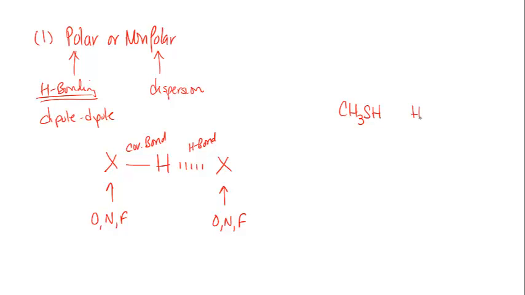So for instance, if you had something like CH3SH and water, and I asked, what's the strongest intermolecular force between them? You could have the hydrogen attached to the sulfur be attracted to the oxygen, which it actually would be, because the sulfur is slightly negative, the hydrogen is slightly positive, and the oxygen on the other side is slightly negative, just in terms of its polar covalent bonds.